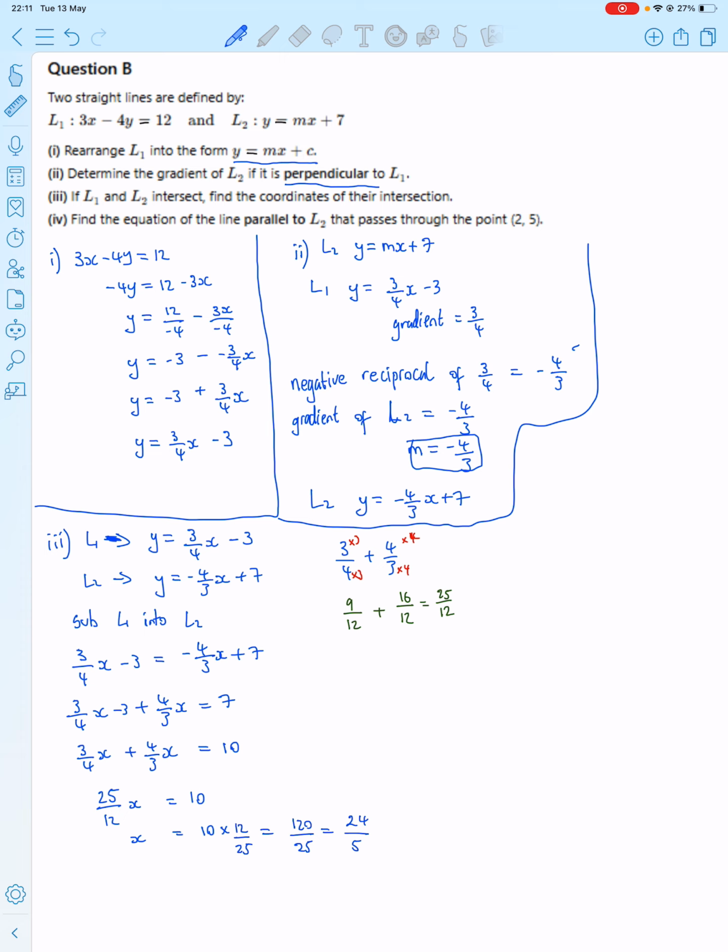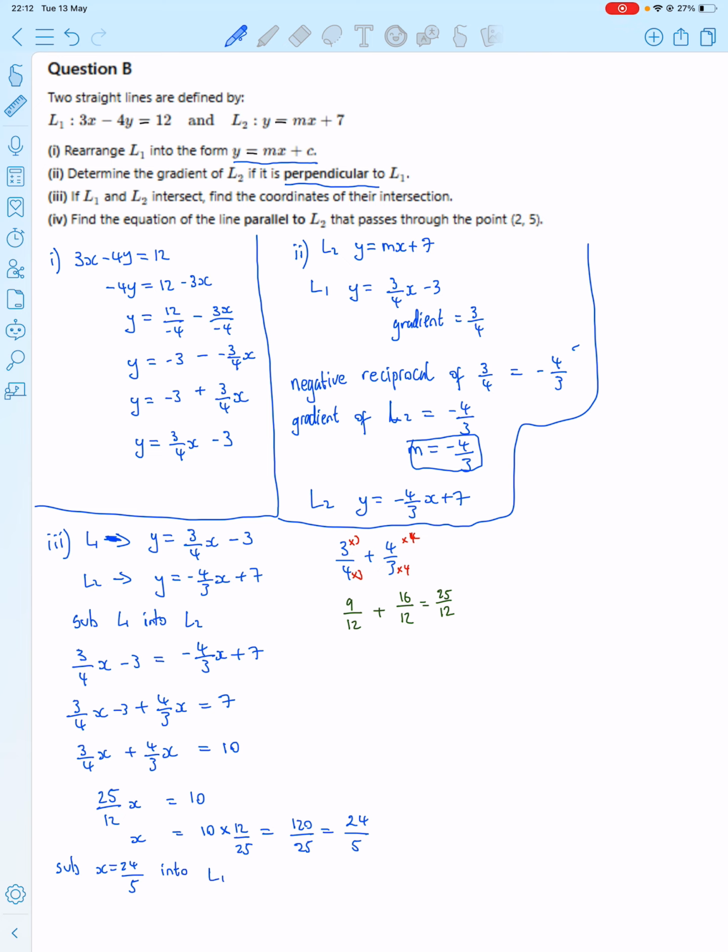We now need to work out what y is. So we sub x equals 24/5 into, let's substitute that into, does it matter? I guess I'm going to pick L1. 3/4 seems easier to work with than minus 4/3, so I prefer that.